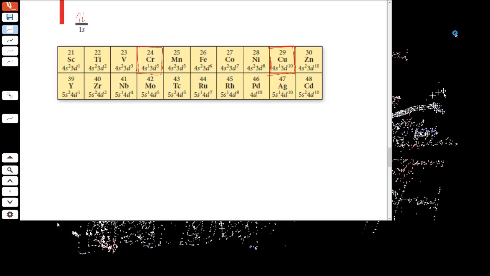I'll give you a hint. Okay, so here's what 4s2 3d4 would look like. Here's what 4s1 3d5 looks like.